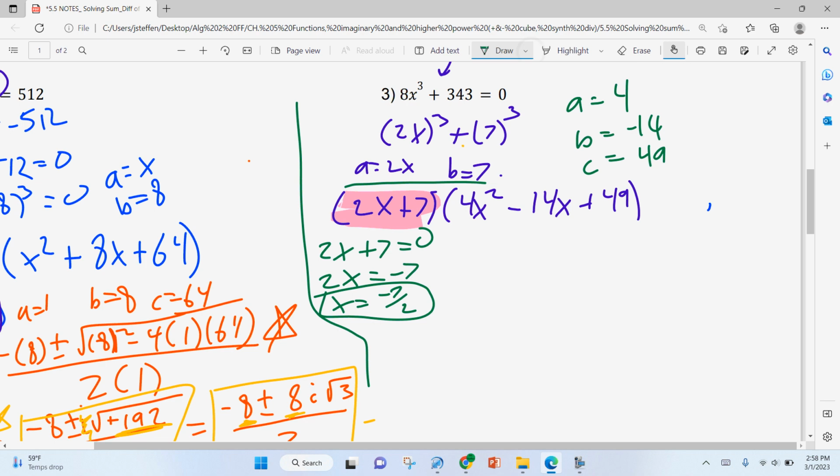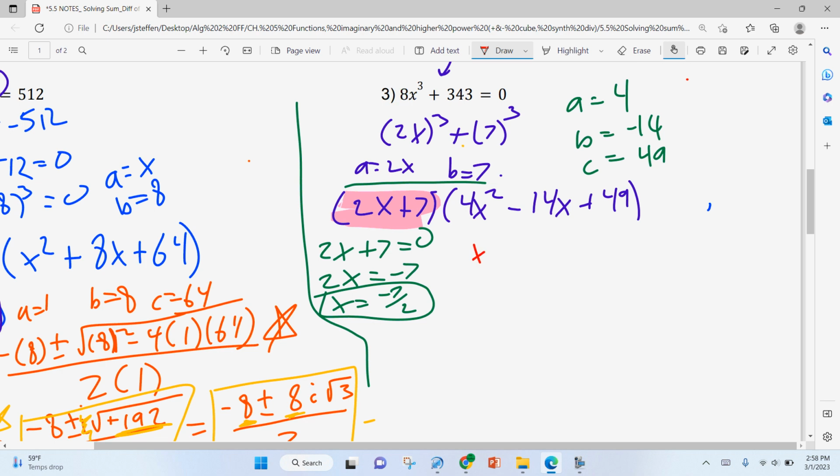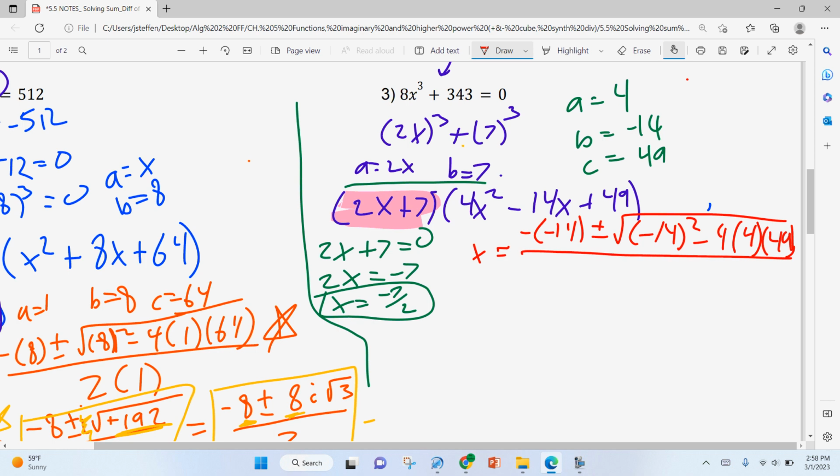So x is equal to -14 plus or minus the square root of -14 squared minus 4 times A times B. Or sorry, 4 times A times C. That was close. And remember, you'll get the quadratic formula, so you won't make that mistake on the test. You'll have the quadratic formula just like I gave it to you on the last test. And then over 2 times A.